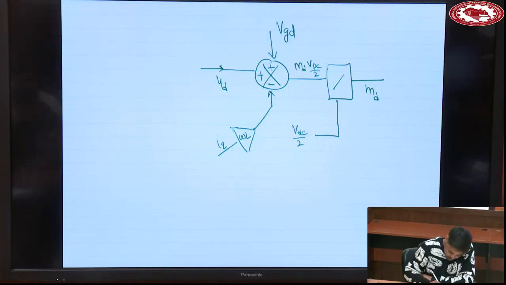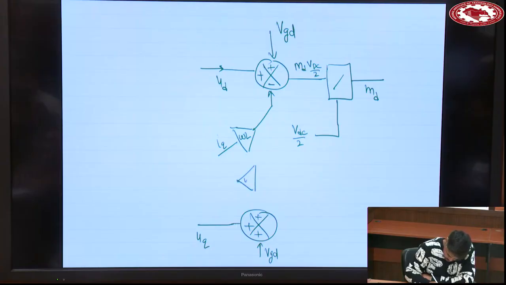Similarly for Q, UQ, plus VGQ, plus omega L times ID, this will be MQ VDC by 2.